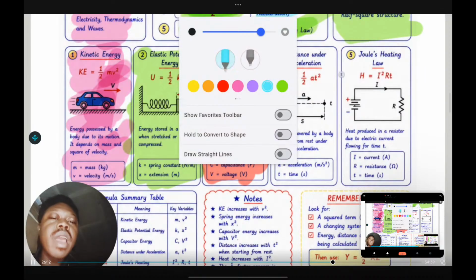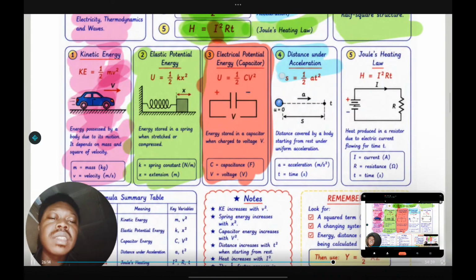And then we have the distance under acceleration. We have this distance, we have our time taken for the distance, and we have our initial speed or velocity. Distance covered by a body starting from rest under uniform acceleration, so that you have these particular SI units and parameters.